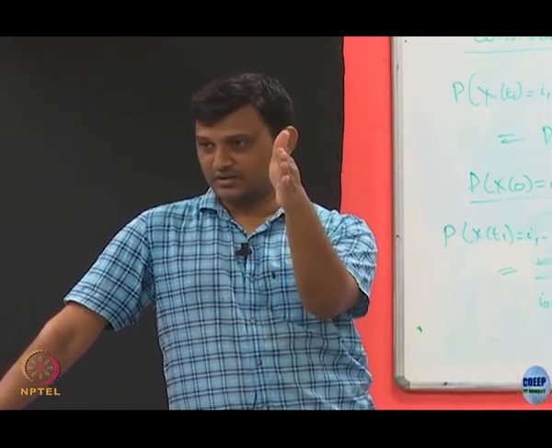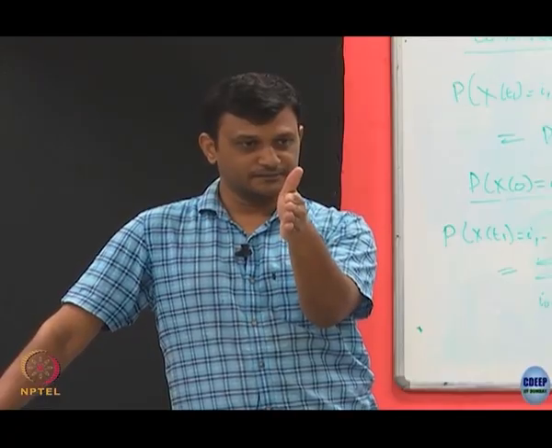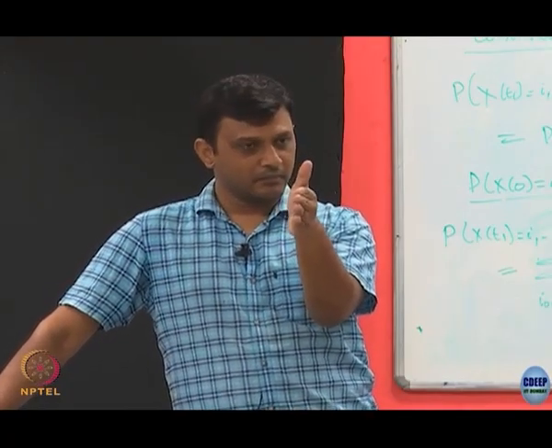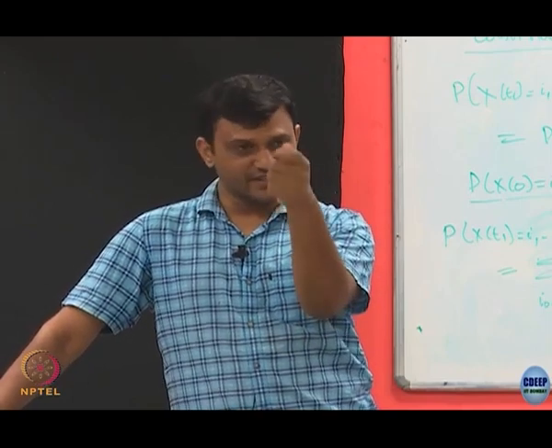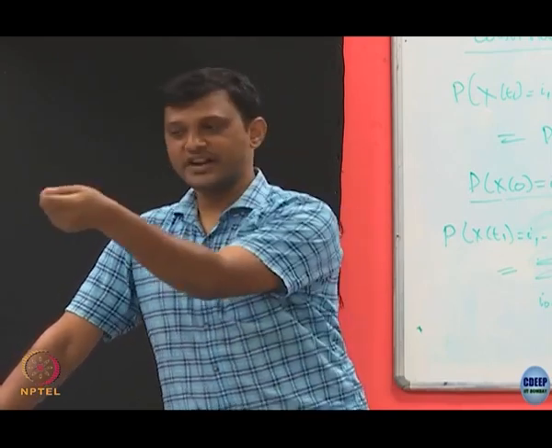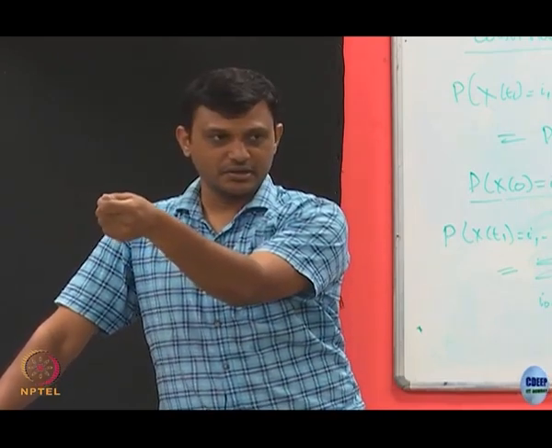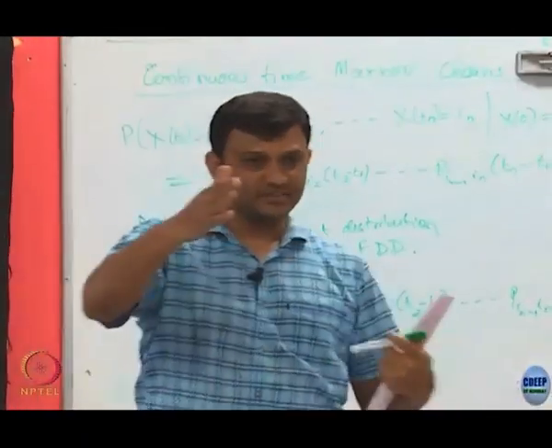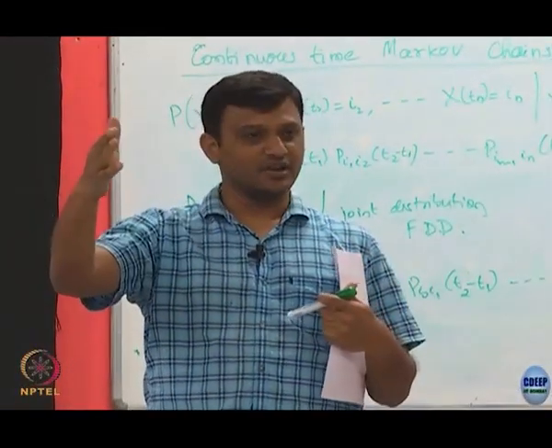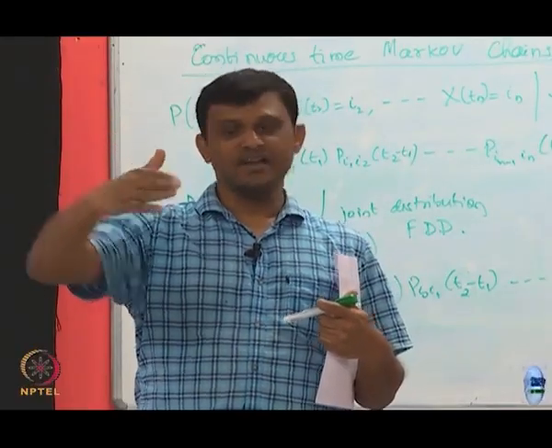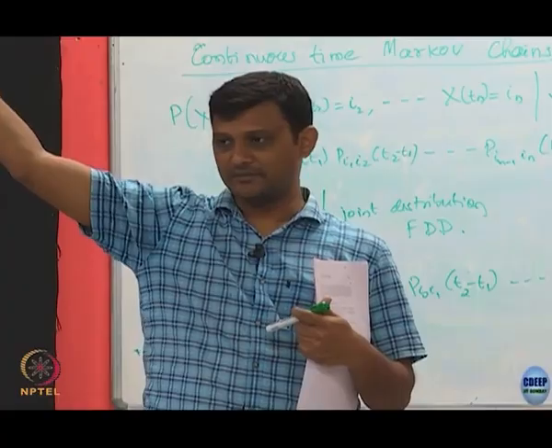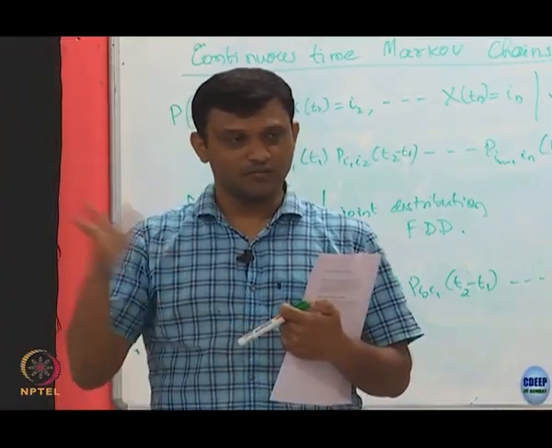You want to know how much time the process is going to stay in that state before it jumps to a new state. It may hit some state, stay there for some time, then go to a new state, stay there for some time, and then move to another state.